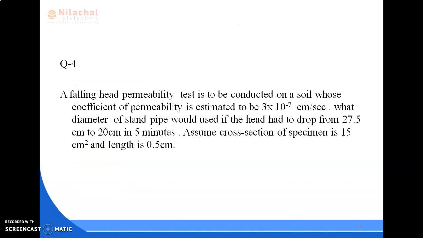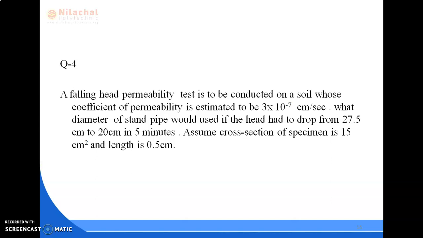Next, another question, question number 4. A falling head permeability test is to be conducted on a soil whose coefficient of permeability is estimated to be 3 into 10 to the power minus 7 centimeter per second. What diameter of standpipe would be used if the head had to drop from 27.5 cm to 20 cm in 5 minutes?